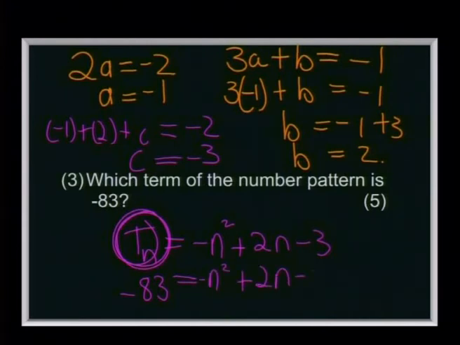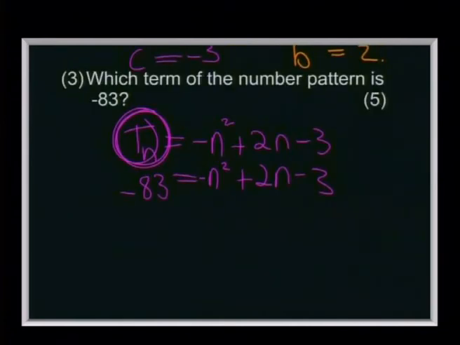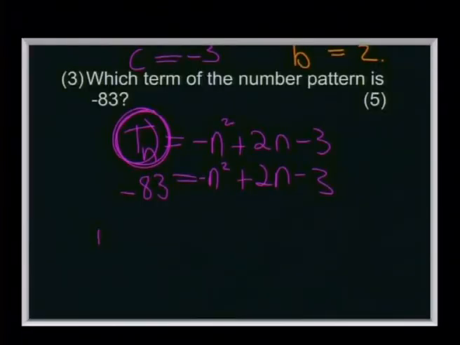I don't know why this happens, but there's so many of you guys that will now put minus 83 in the place of n. Guys, don't do that. Right, so this is a trinomial. I'm going to have to solve this. Let's bring everything over to the left-hand side. So that becomes plus n squared minus 2n, and the minus 3 becomes a plus, making this negative 80.